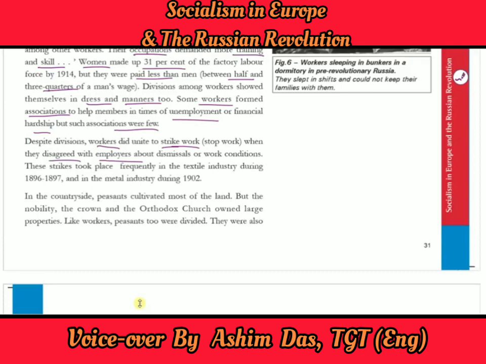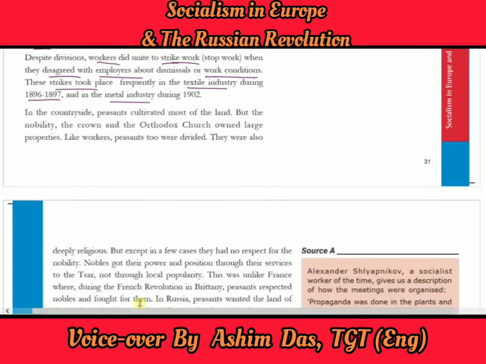And again in the metal industry some problems came up, like strikes, during 1902. So here we come to know the constant disagreement and fight, and the rights of the workers were not given to them. That is why they had to go against their employers, and the workers even had to strike.